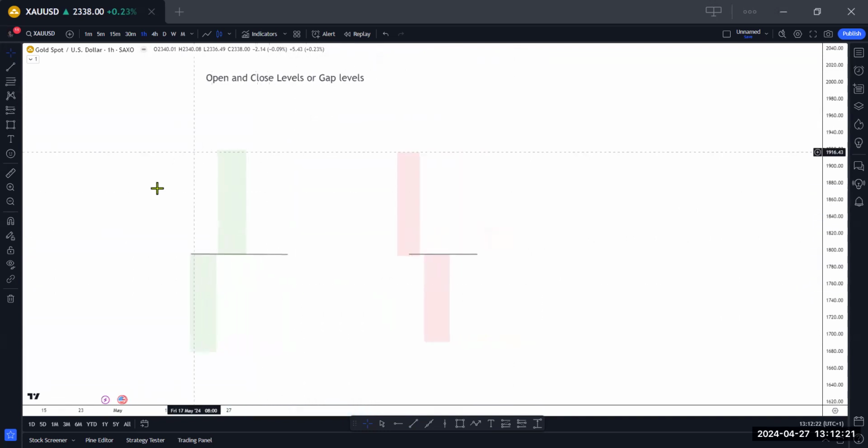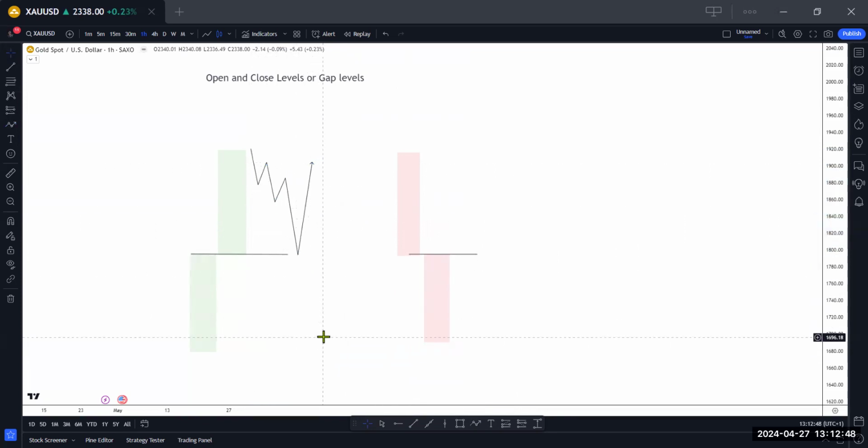So for a buy scenario, you have this buy candle, another buy candle. What's the next thing you want to do? When price comes to this level and taps, what do you expect price to do?